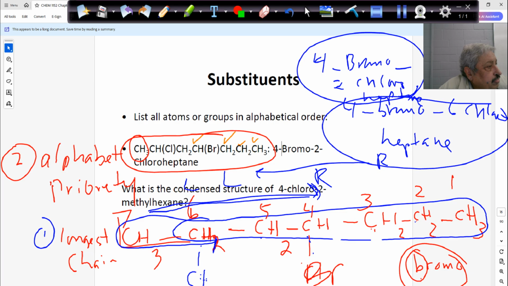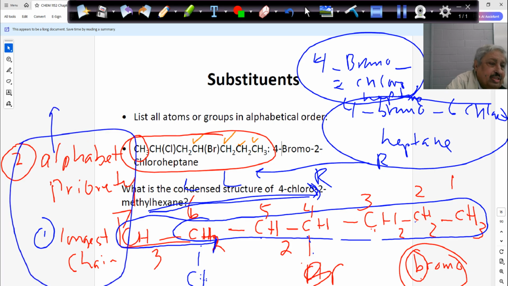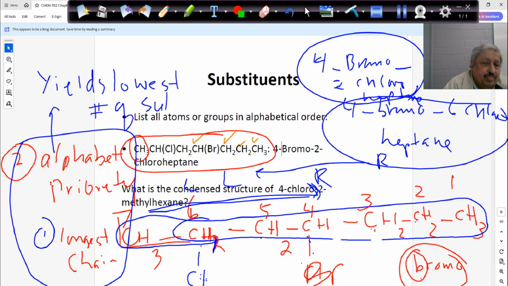I made a mistake here, because after putting all this, both have to yield the lowest numbering of the substituents.